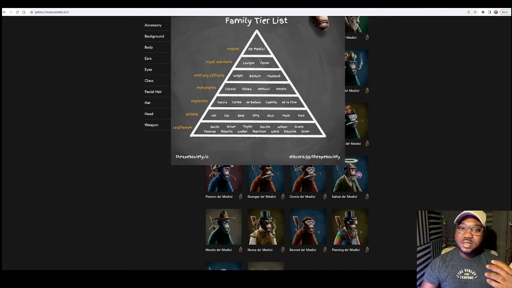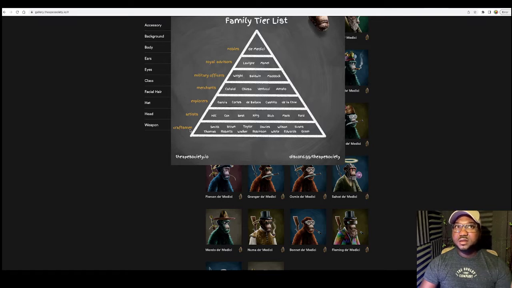And as you can see, as you go down the list, you have more names associated with that group, that class. And it tells about the rarity of the class, right? So your rarity is coming from your most rare being your nobles, and then making your way down to your craftsmen, which are more common in the space.